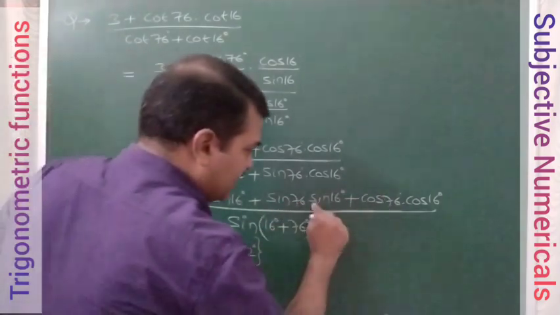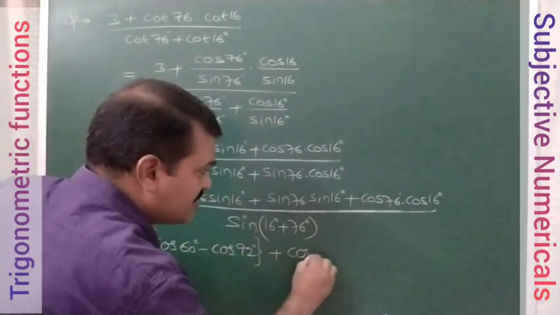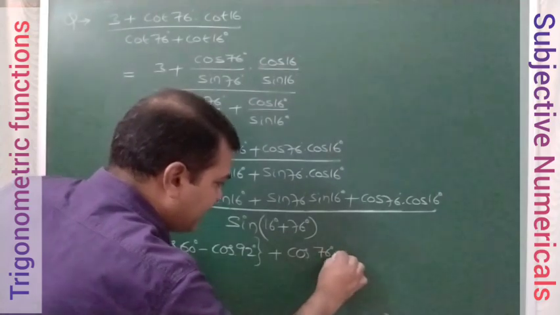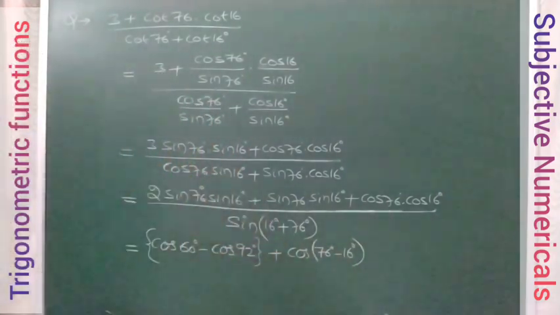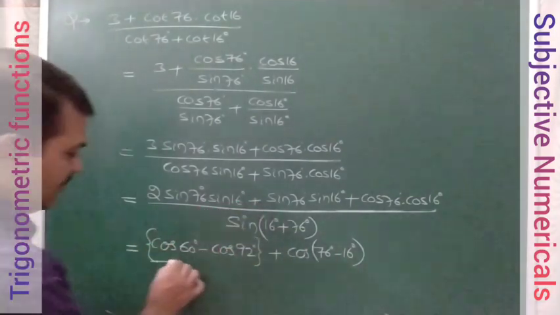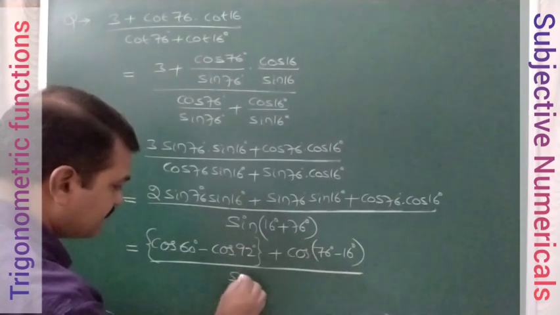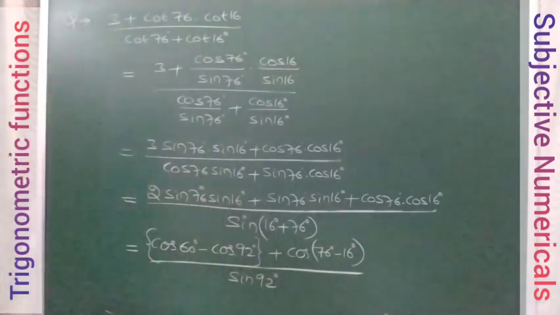For remaining part, cos A cos B plus sin A sin B model, so cos of A minus B, 76 minus 16, which is nothing but cos 60. So this is cos 60, this is cos 60, and denominator is sin 92. 16 plus 76.